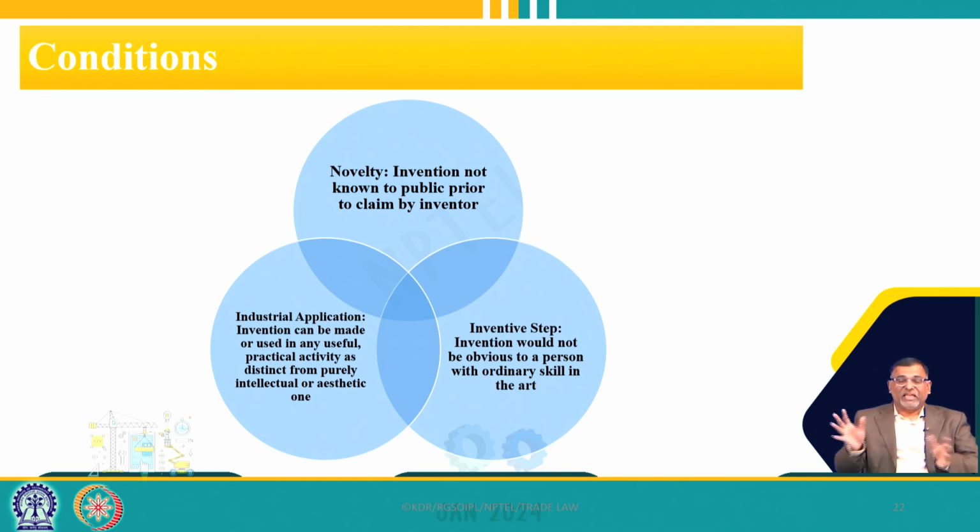So, that means a skilled person in that particular area should not say that this is already existing. So, he should pass the inventive step. Then the last criteria is industrial application. So, it must be useful. So, mere ideas cannot be patented. So, purely intellectual or aesthetic ones cannot be patented. It must have an industrial application, then only it can be patented.